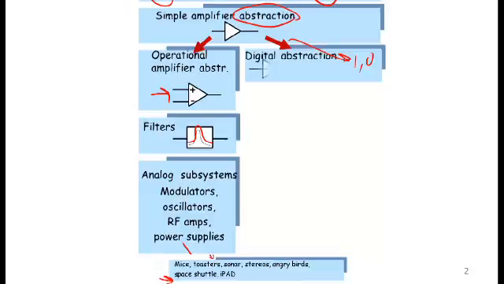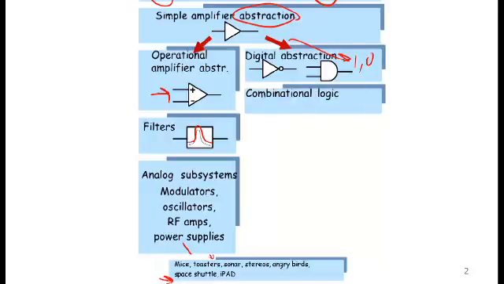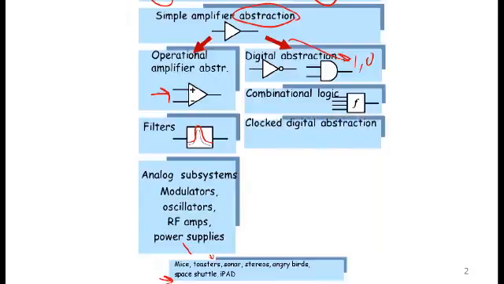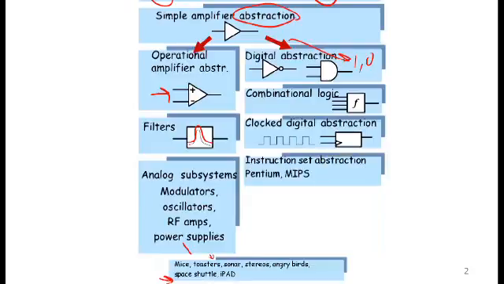The first set of components we will build in the digital abstraction are what are called gates. Following that, we will build even more complex logic, combinational logic. And then, using combinational logic, we will apply some time domain signals like clocks and so on, and build what we call clocked digital systems. Abstractly, these clocked digital systems will be used to build even more complicated and useful systems, such as microprocessors.